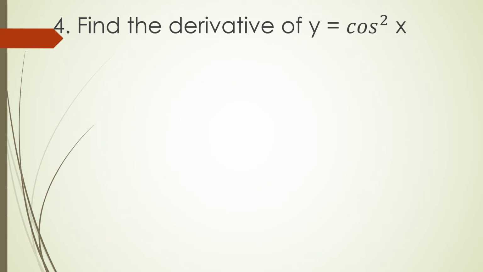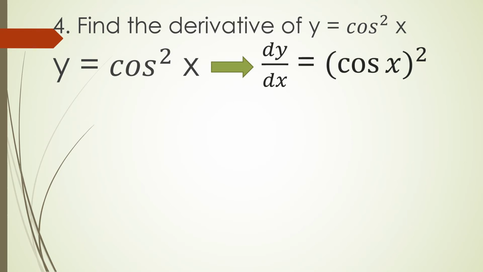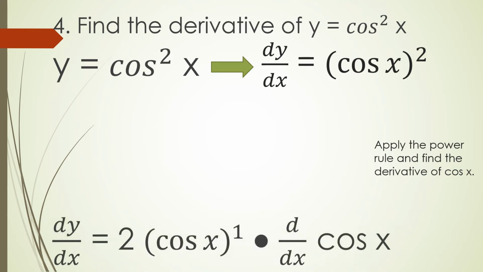How about, ang naka-square ngayon, si cosine, hindi na si x. How to find the derivative? Okay, this is a special case, ha? You have to make cosine squared x into cosine x raised to the power of 2. Alright, so apply the power rule and find the derivative of cosine x.